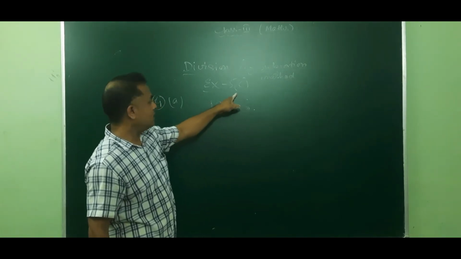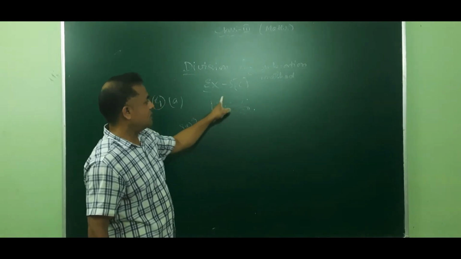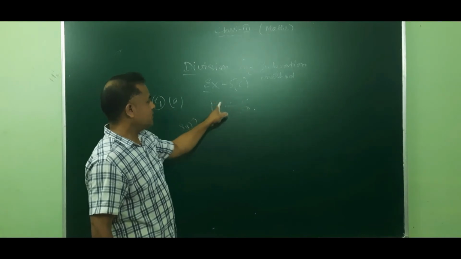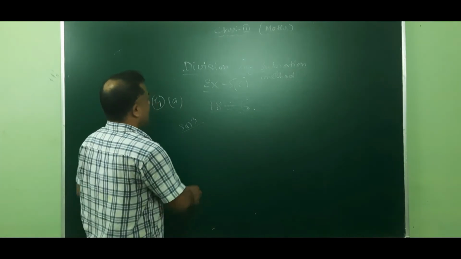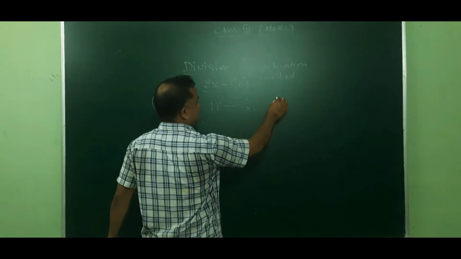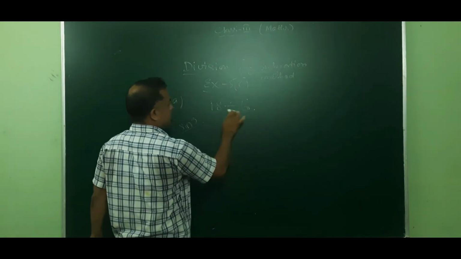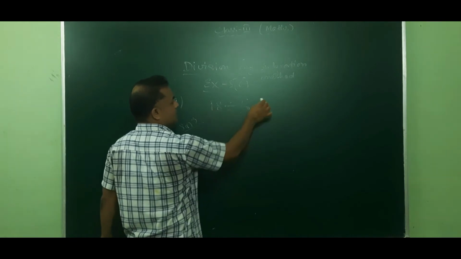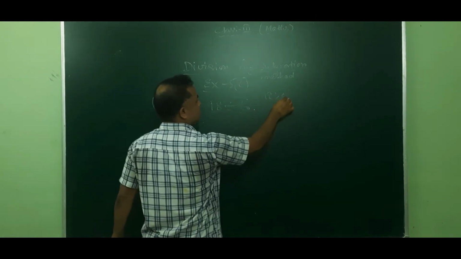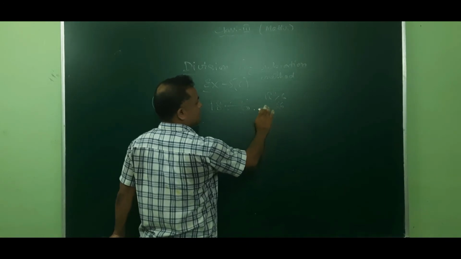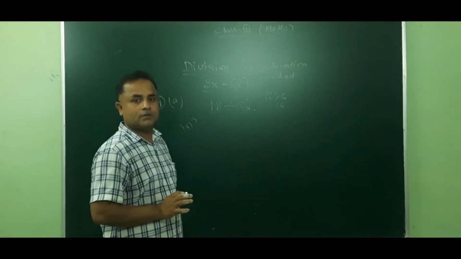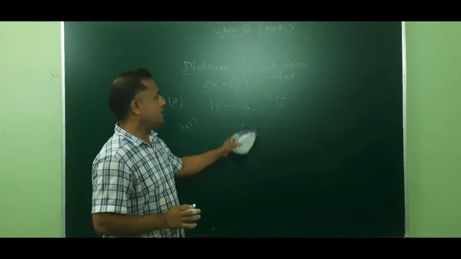That means 6 will divide this 18, or 6 will subtract from this 18. When we compare these two numbers, 18 is greater than 6. If 6 were greater than 18 we could not divide. Obviously 6 is not greater than 18.